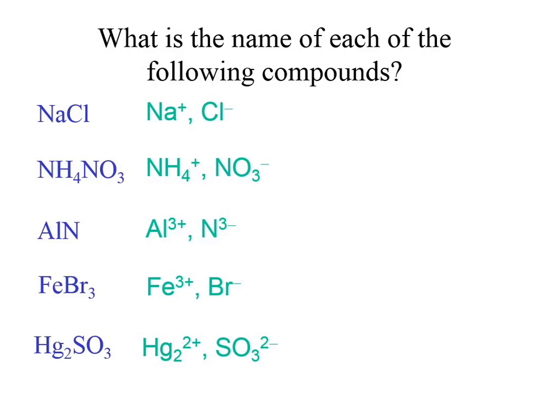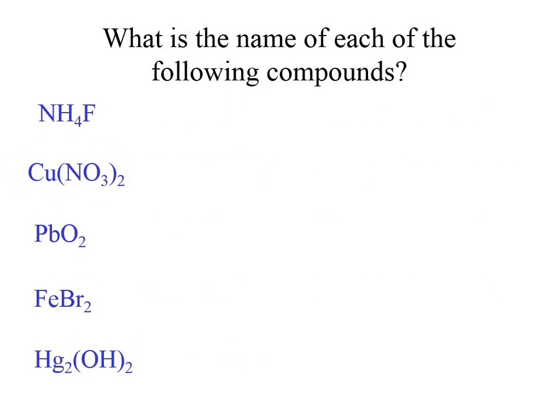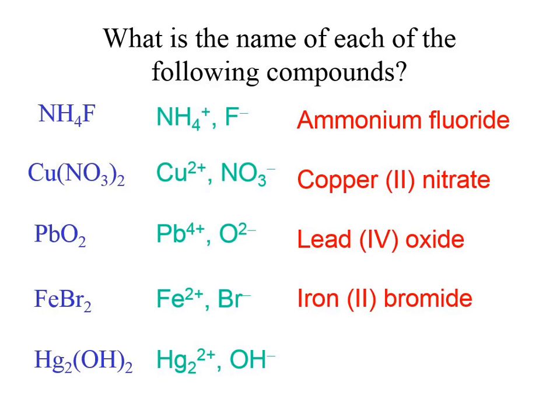For instance, this one looks Greek: NH4NO3, you're like, what the heck? Why didn't I put those nitrogens together, right? But if you read it from left to right, hopefully you're looking for a cation, and then you're looking for an anion. So go with that.